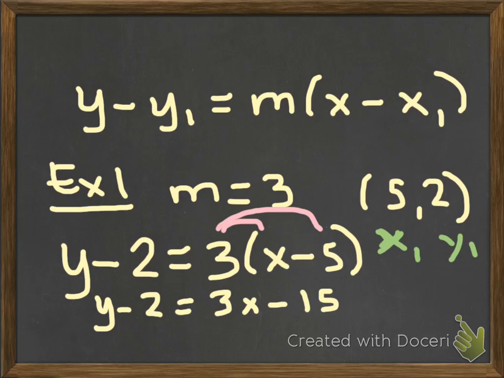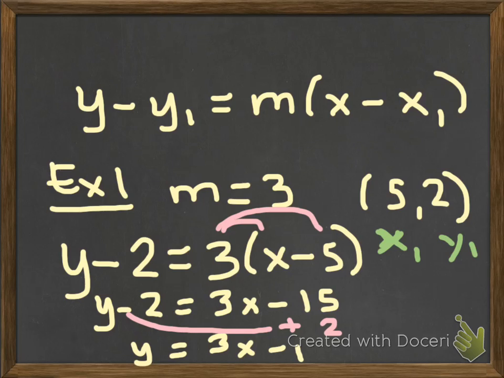So we need to bring the minus 2 to the other side, and it becomes plus 2. And now we can write the equation of the line. y equals 3x minus 13. So that's the equation of the line. y equals 3x minus 13.